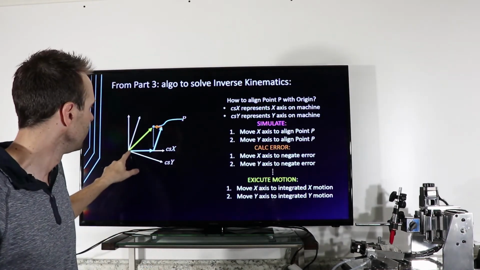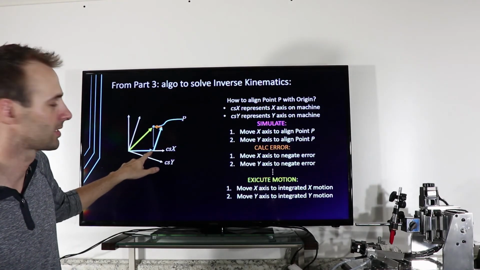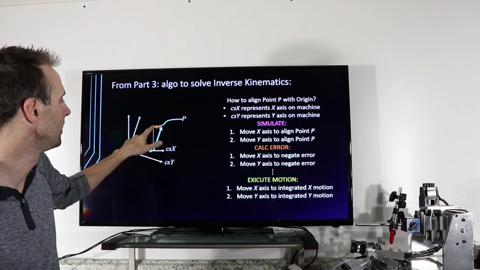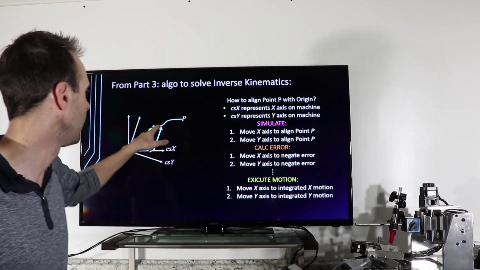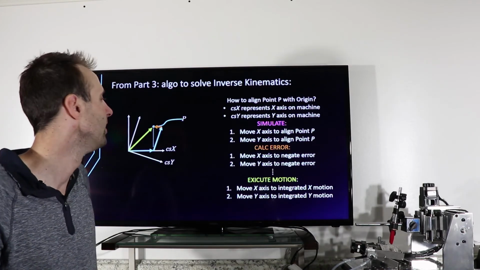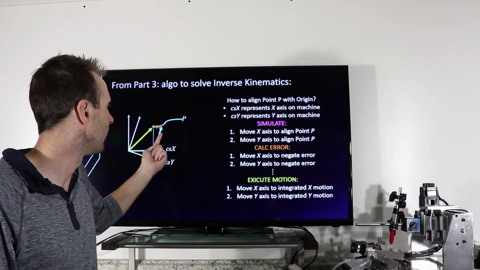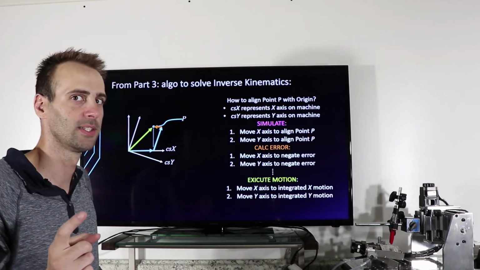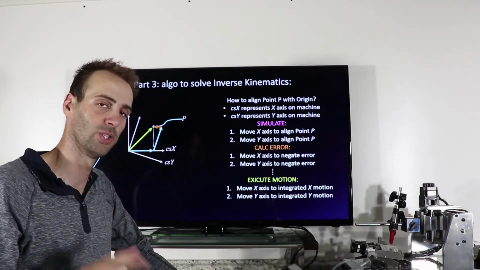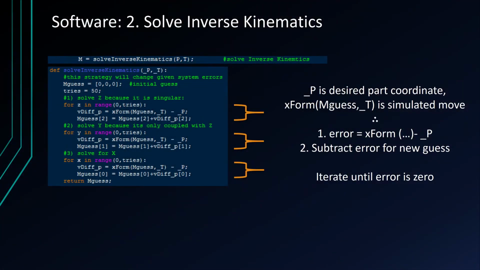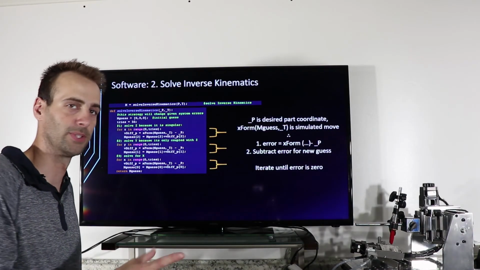So in this example, if I add my error vector to my x commanded and y commanded, in x, y components, I should end up back at that point. But remember, my error is in x and y part coordinates, okay? So you just keep iterating this through, and the solution should converge. Okay, so that's the goal of this solve inverse kinematics function.